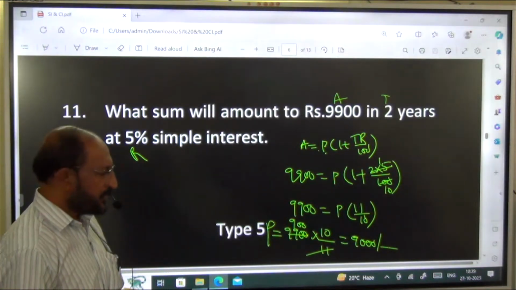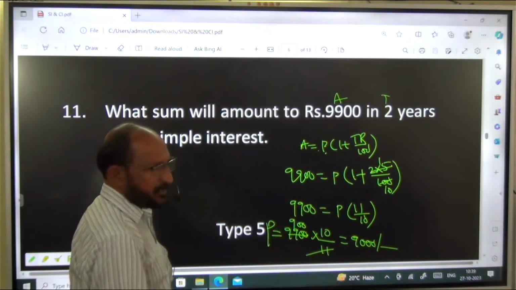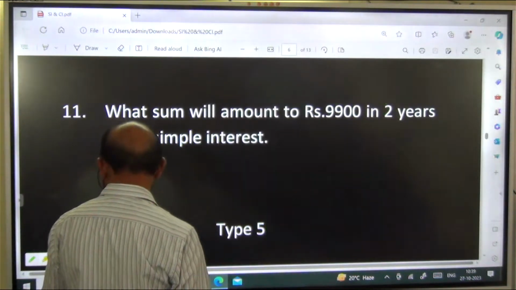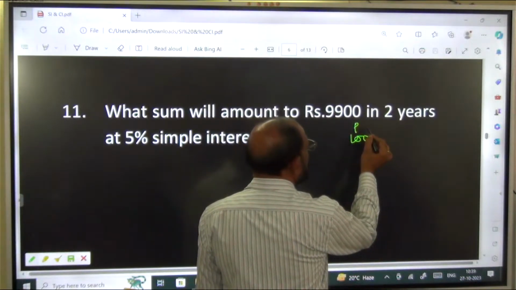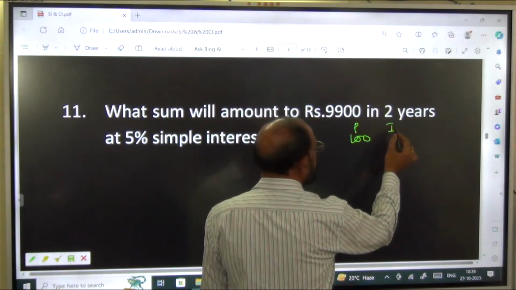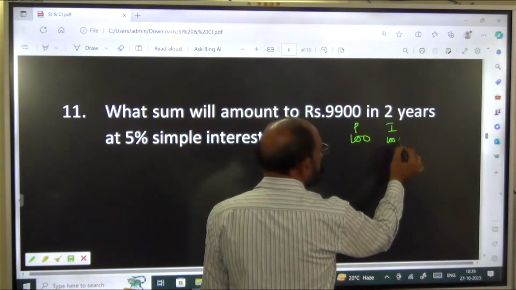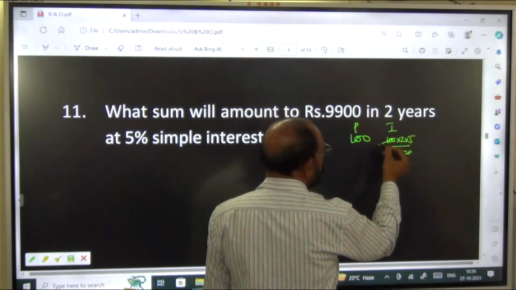Okay, see here. Another simple method we can take. If the principal is 100 rupees, then how much interest will we get? 100 into 2 into 5 by 100, nothing but 10 rupees.